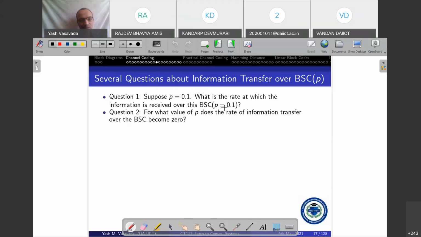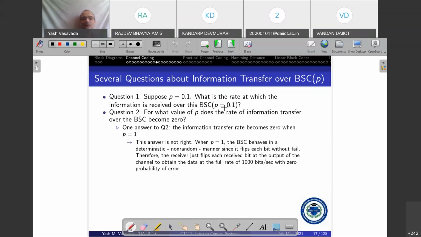Very true. So the answer that you gave is the answer that I had predicted you would give. That is what I've written here, that the information transfer becomes 0 when P is equal to 1, but it cannot be right because when P is equal to 1, the BSC stops being random. 100% of the time it will flip each bit without any fail.